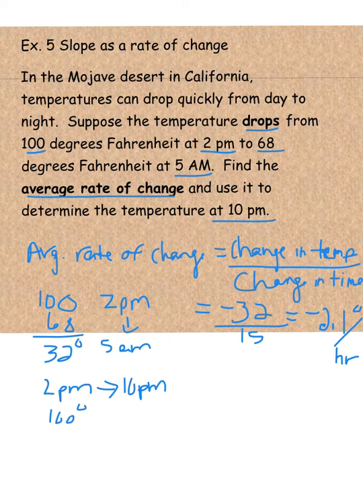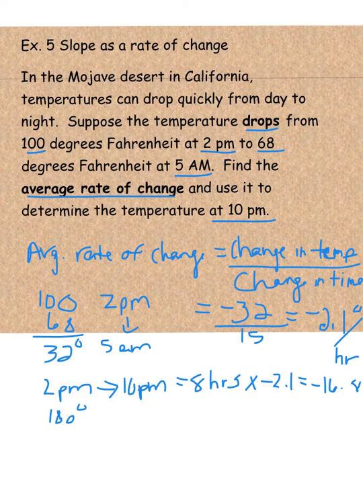So if for every hour we're dropping 2.1 degrees, we need to figure out the time change from 2 p.m. to 10 p.m., which will be 8 hours. We'll take that 8 hours and multiply it by the negative 2.1 change in temperature for each hour, and that gives us negative 16.8.